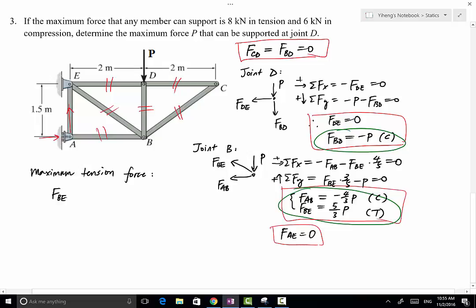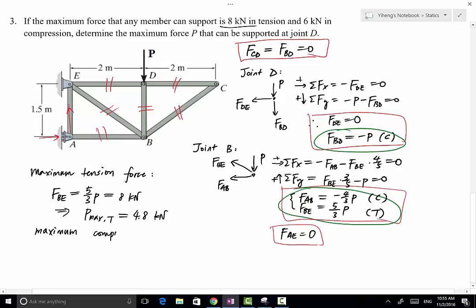Therefore, I'm going to set FBE, which equals 5 over 3 P, to be the maximum allowed force, which is 8 kilonewton. From there, I can solve for P max, but remember this is determined by the tension, to be 4.8 kilonewton.